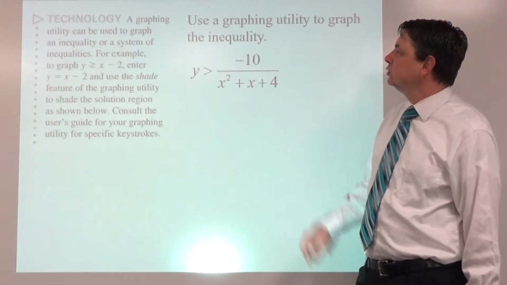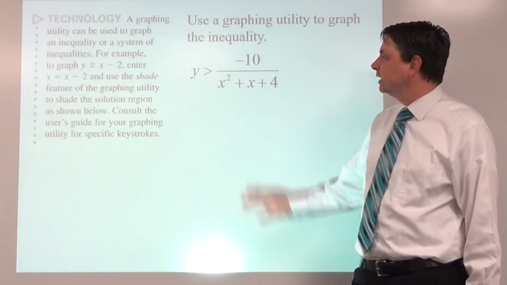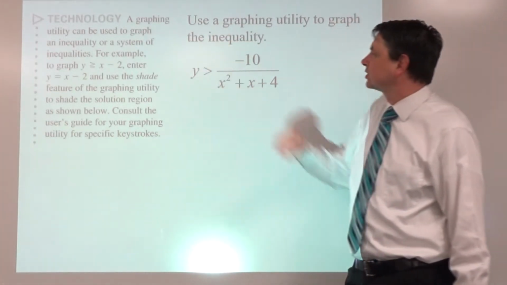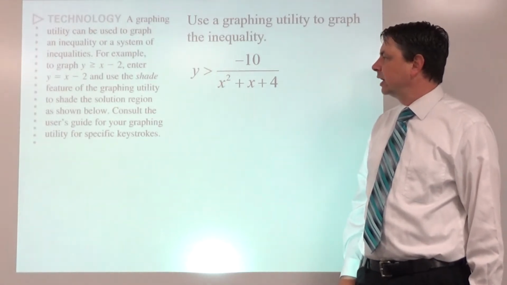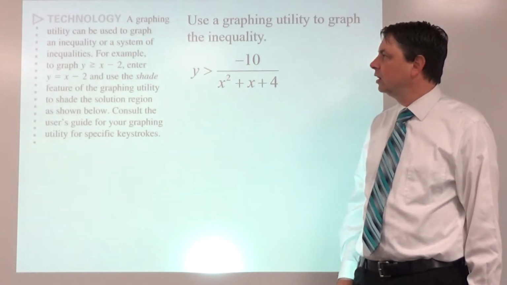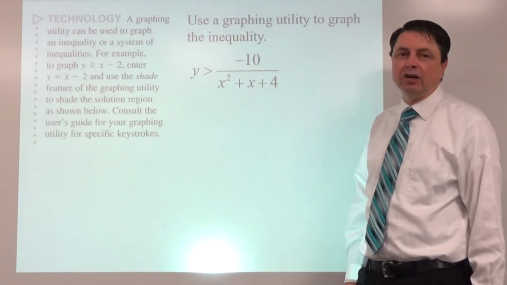And we can use a graphing calculator to do some of that. So let's take a look at this: y is greater than negative 10 over x squared plus x plus 4. We're going to see how we could possibly do that on a graphing calculator. All right, so we're going to go ahead and press Y equals, and we're going to enter our function, which was negative 10 divided by.